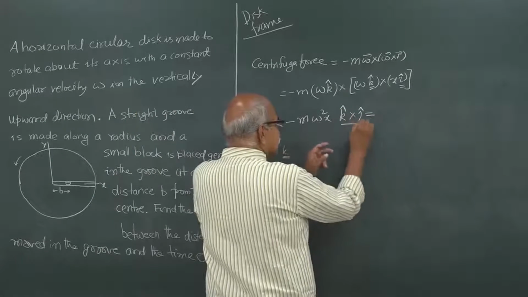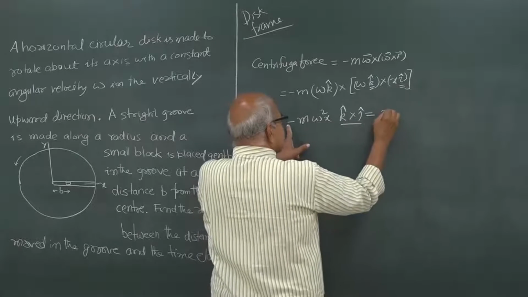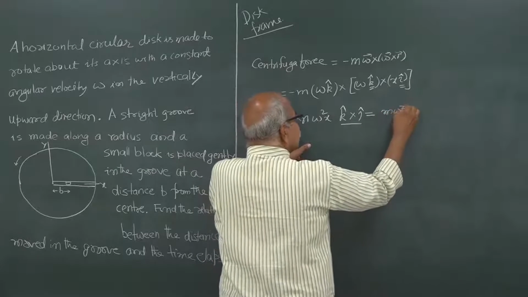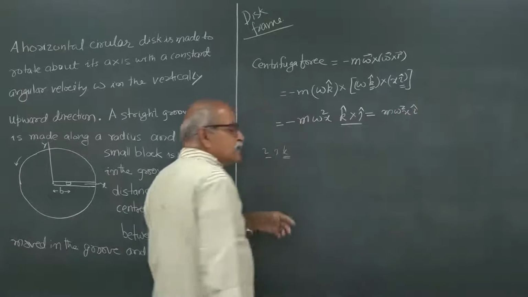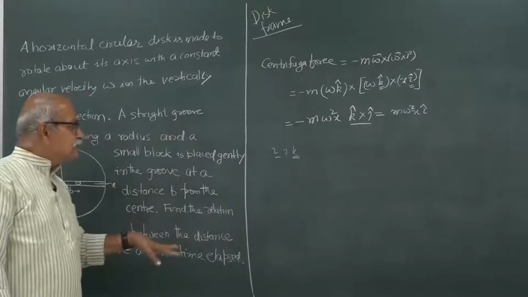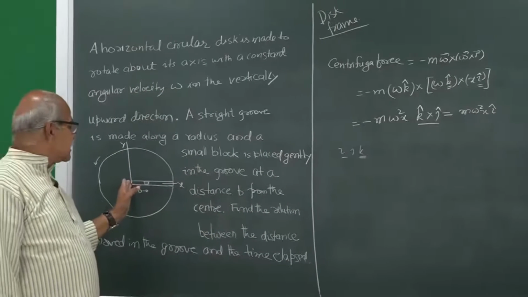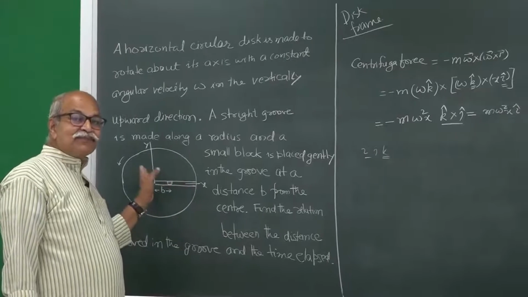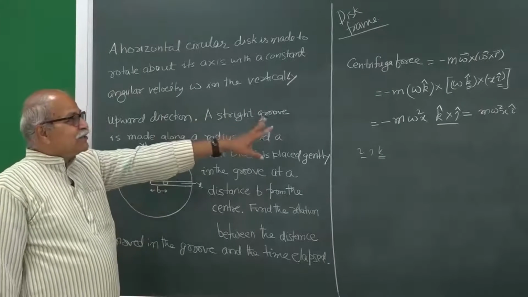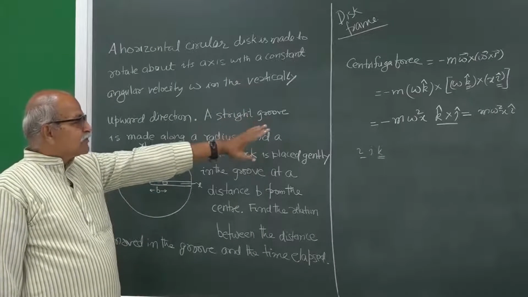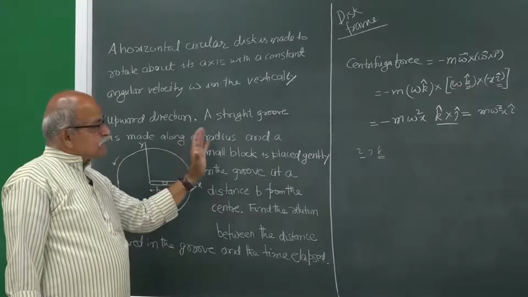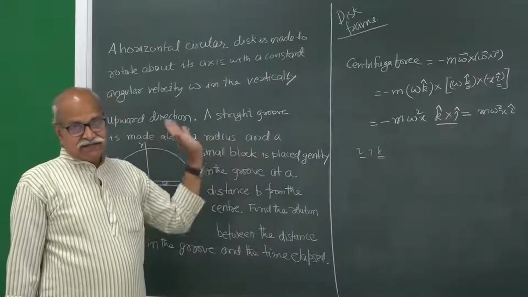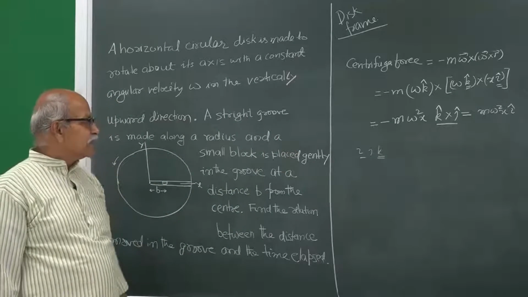So, it is minus times minus i cap, giving m omega squared x i cap. We have said it several times: the magnitude of the centrifugal force is m omega squared times the distance from the axis, and it is away from the axis. So, that is the centrifugal force.